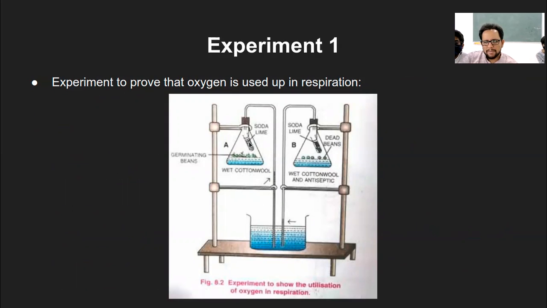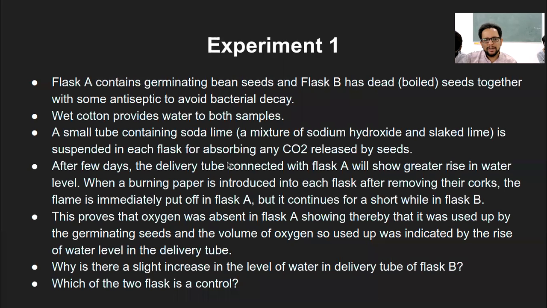This is the soda lime solution in the small test tube that you can see in both cases. If carbon dioxide is generated in this flask, it will get absorbed by the soda lime test tube. It will turn turbid. Same is the case here. If carbon dioxide is generated, it will get absorbed and become turbid. So that is the direct indication of this experiment.